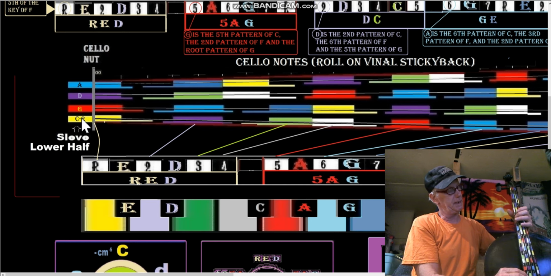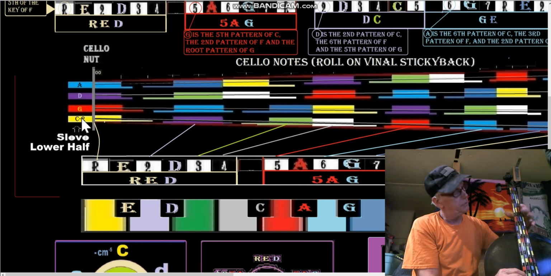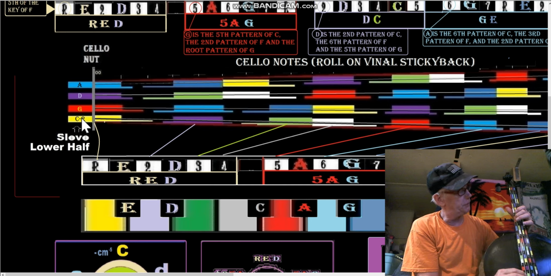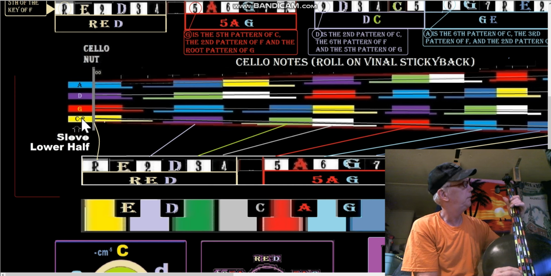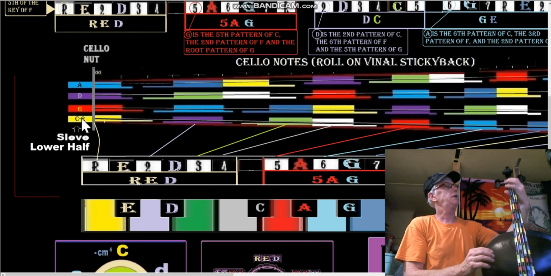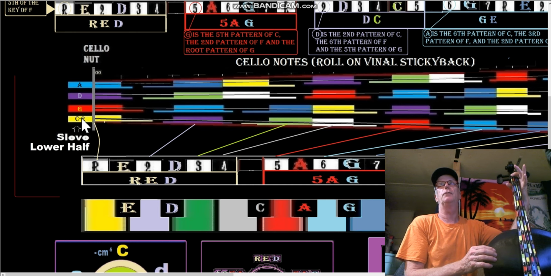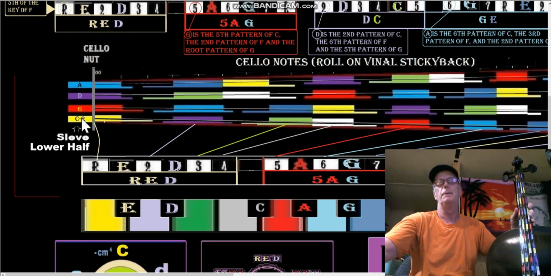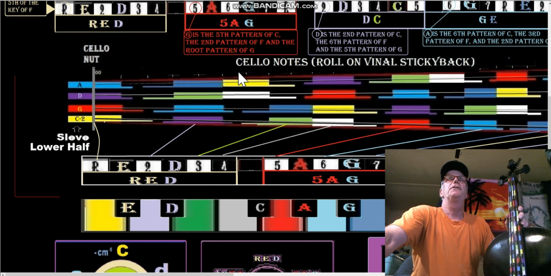So the lower the action you can get away with, the more towards the middle of the note you can go. Okay? So this is like pressing the C note right up here, because there's only half a note there. So that's the cello design, roll-on sticky back.